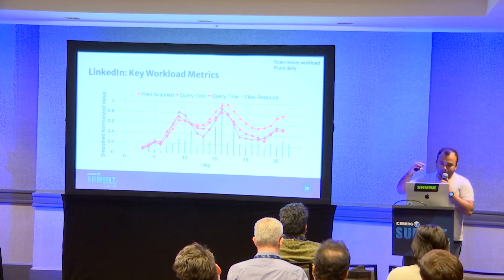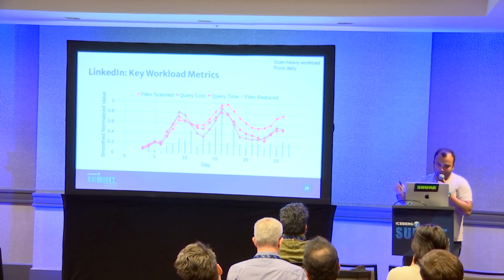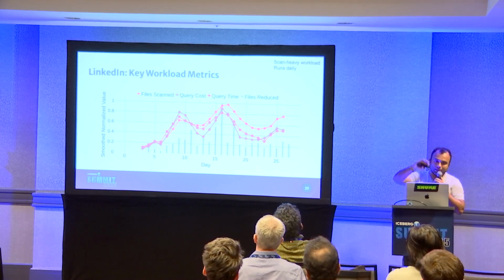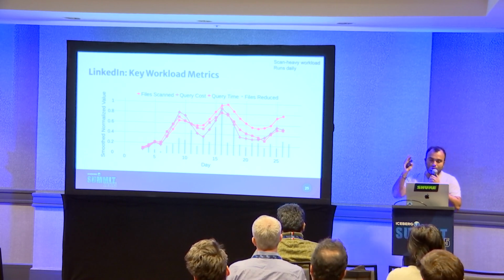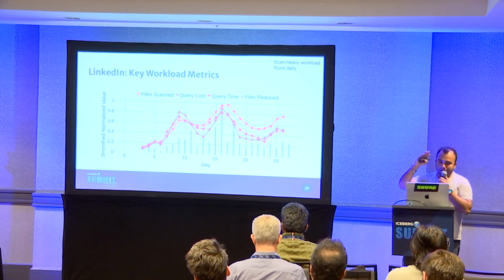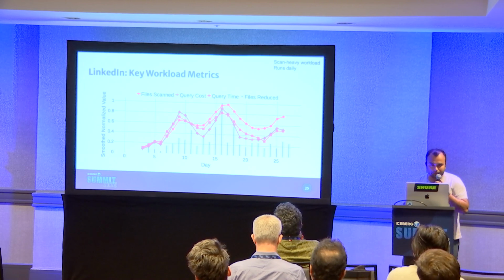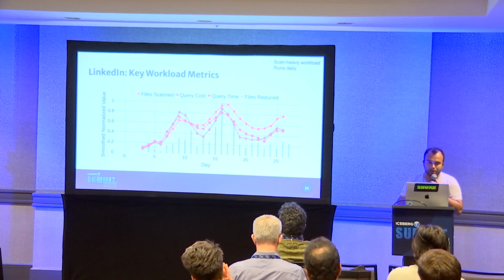It is ranking tables that should be picked up for compaction, picking those top K tables, and then doing the compaction. So you see the normalized values for all these characteristics like file scanned, query cost, query time going up, and the moment compaction runs, going down. So this is an interesting observation, which we thought was interesting to share.